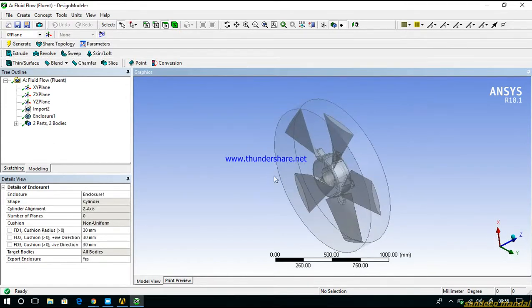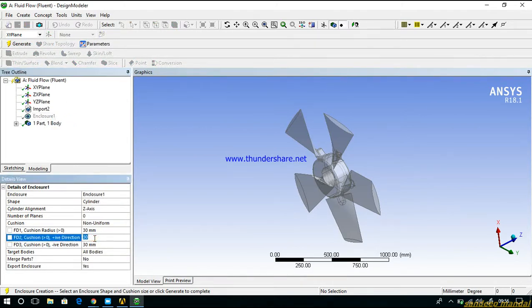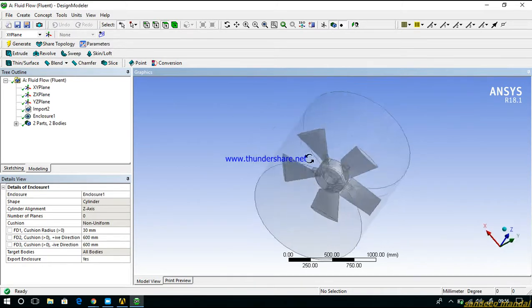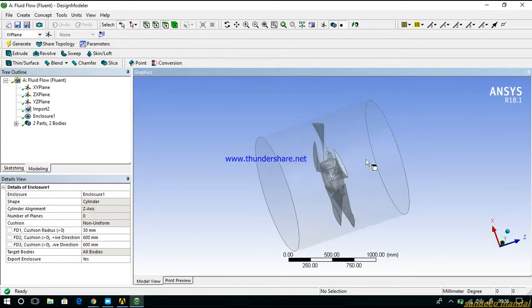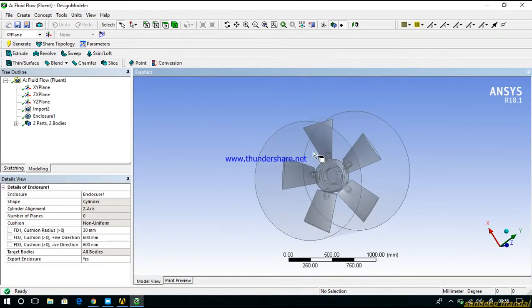So here it is a fluid domain. Make it a uniform fluid domain in length. So this is our fluid domain. Now here are two main methods of analyzing this fan.